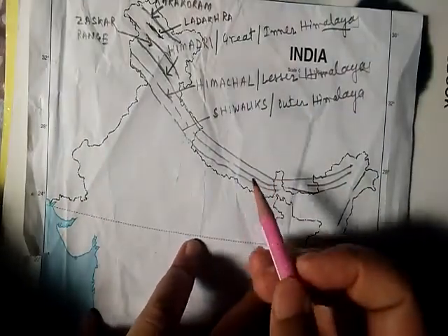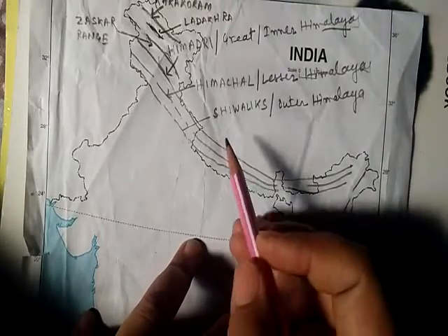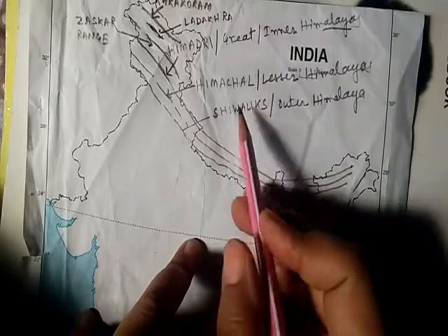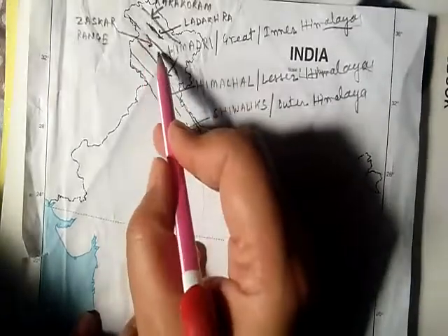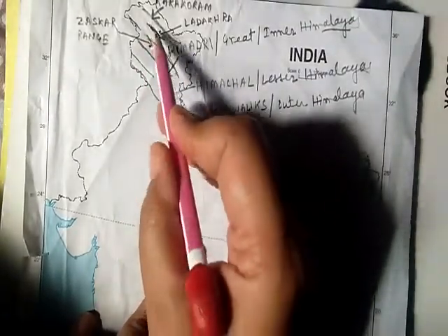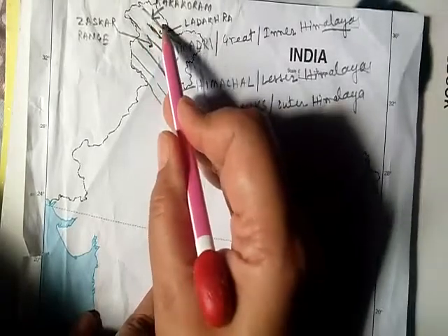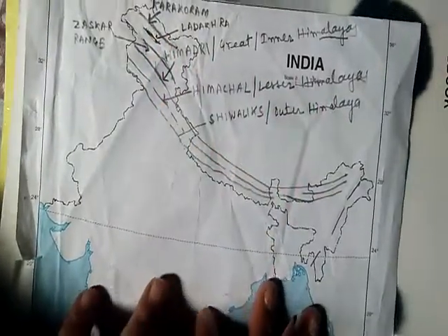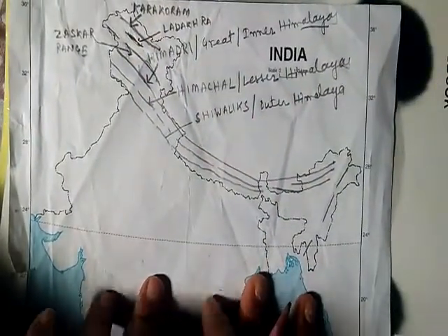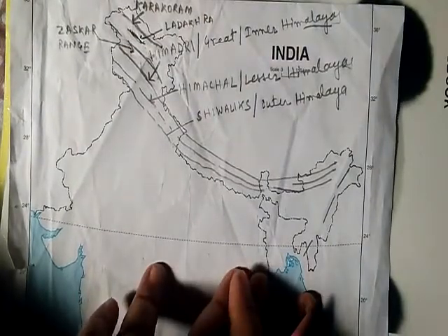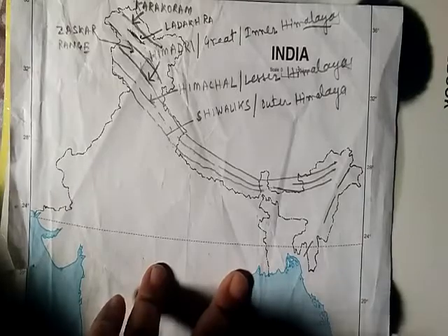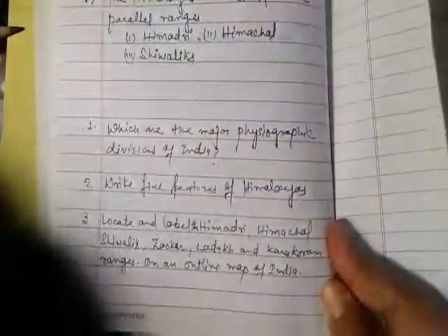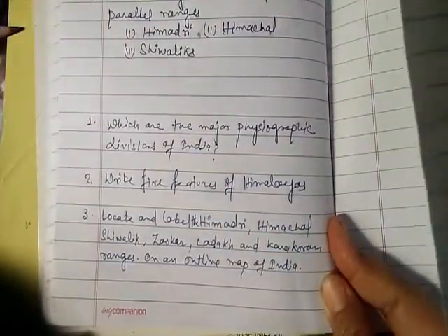So note down your homework. You will have to locate as well as label Shivalik ranges, Himachal ranges, Himadri. Then you will have to locate Zaskar range, Ladakh range, Karakoram range. This is your homework. Now note down your homework.